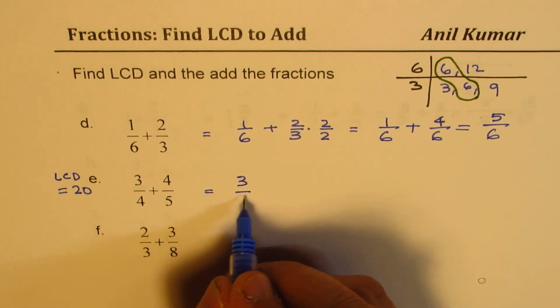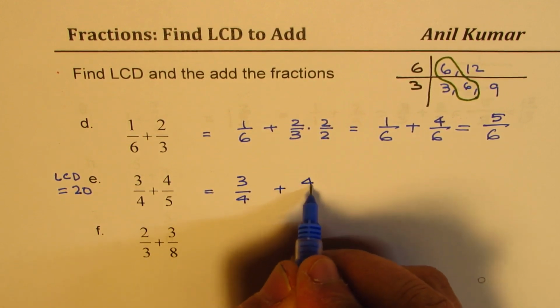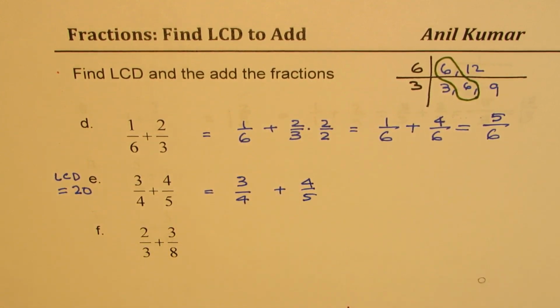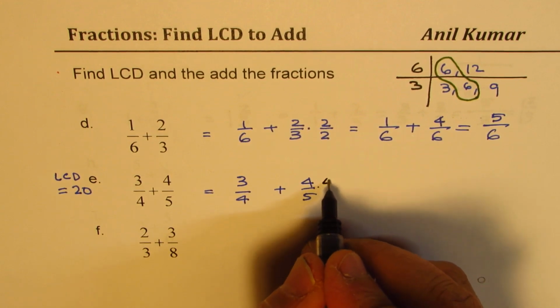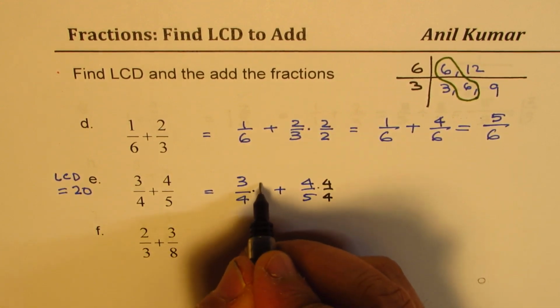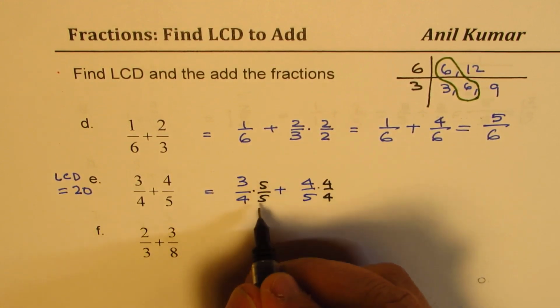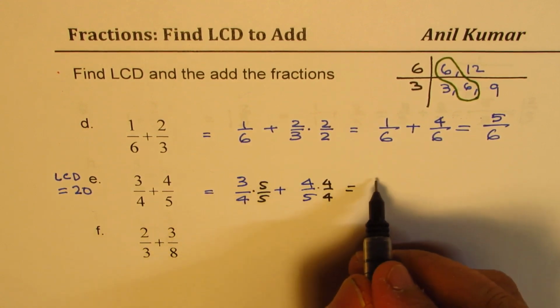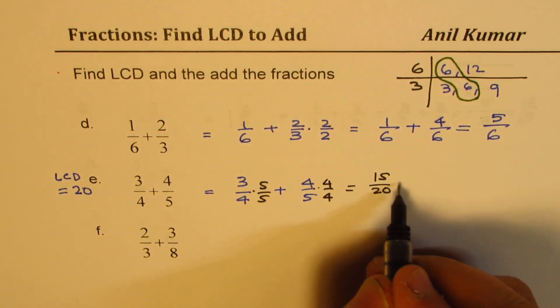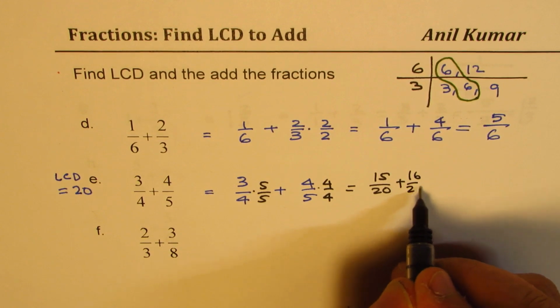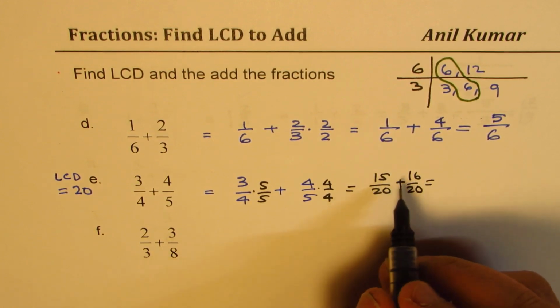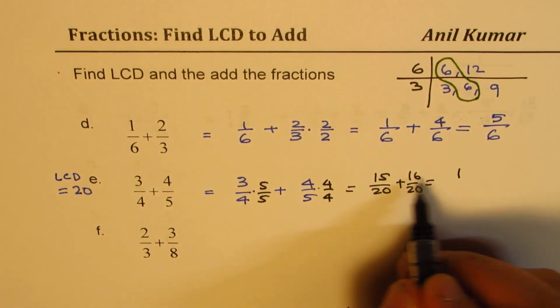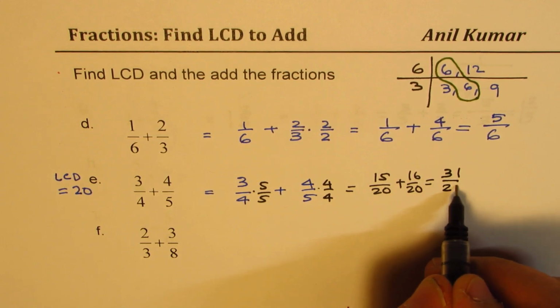We could write this as 3 over 4 plus 4 over 5. To make it 20, I have to multiply this by 4 over 4 and that by 5 over 5. That is 1, right? So we get 15 over 20 plus 16 over 20. And when you add them up, 5 and 6 is 11 and 1, 31 over 20.